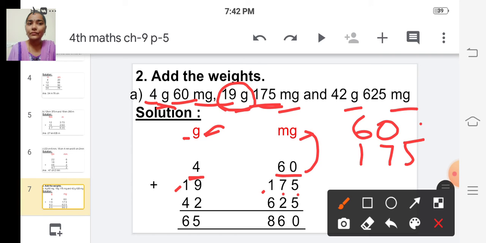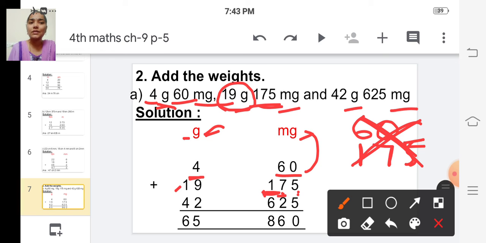This is wrong. Okay, you have to write like this, 175, because this 1 is in hundreds place. Okay, not in tens place. Okay, you have to write like this. Okay, you should not write like this. Okay, it is wrong. Okay, children.